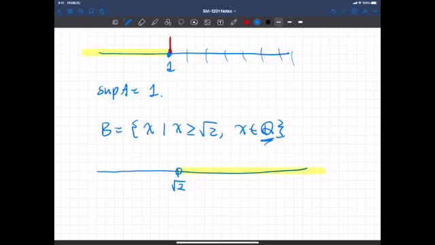Nevertheless, the infimum, so there are infinitely many lower bounds of this set B, but the greatest of which must be square root of 2. Okay? So square root of 2 is less than or equal to any of the elements of B, but it is the greatest value among all the lower bounds of B. So the infimum of B in this case is square root of 2. Okay, so the greatest lower bound is the infimum, and the least upper bound is the supremum.